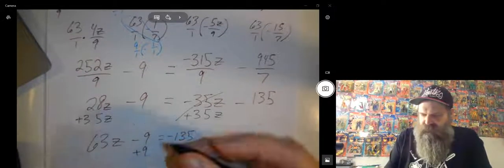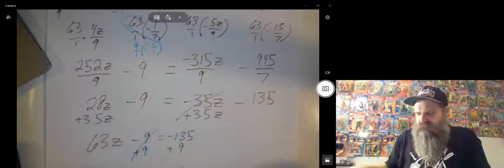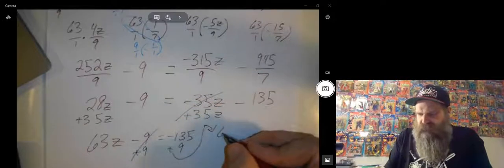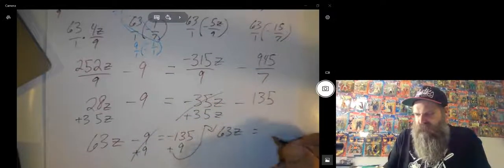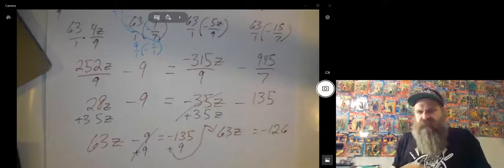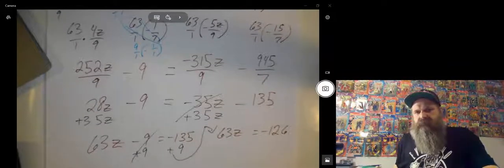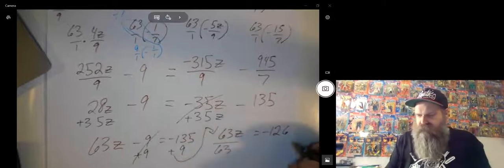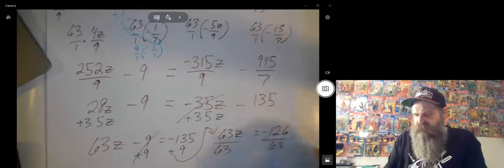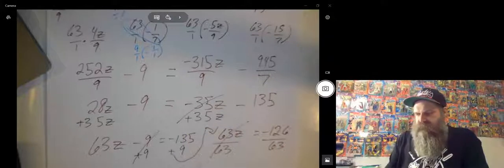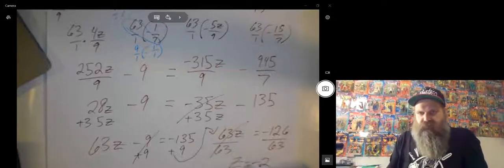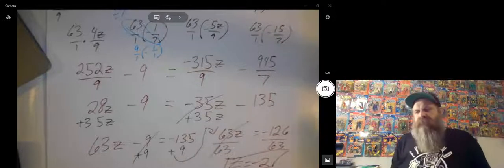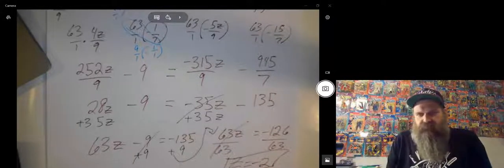Add 9 to both sides. And I get 63z equals negative 126. And now I finally get to divide out the coefficient. So z equals negative 2.